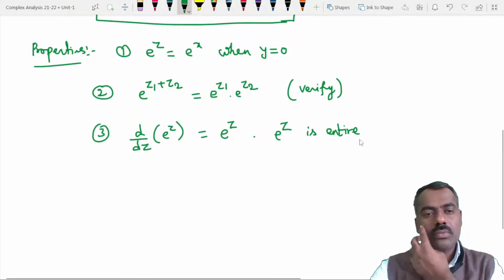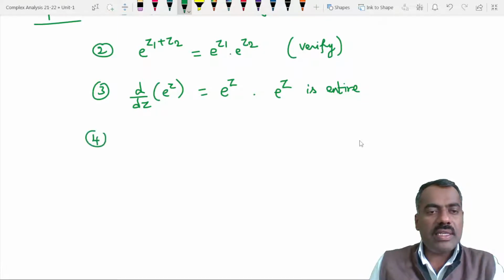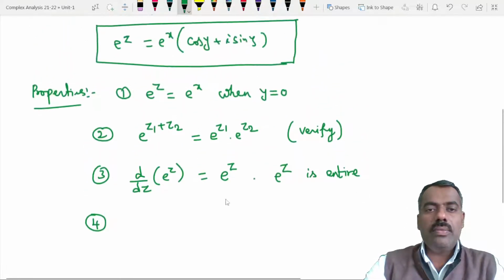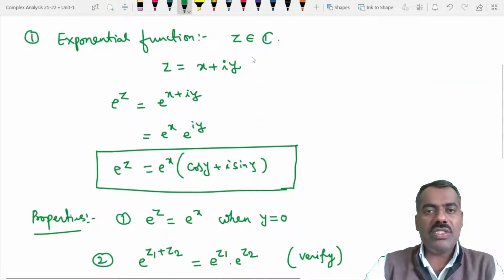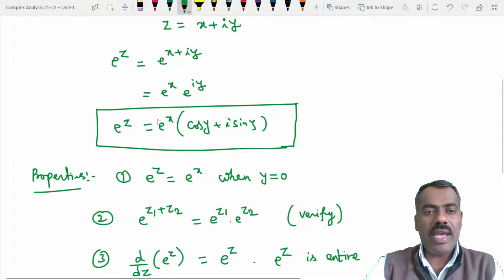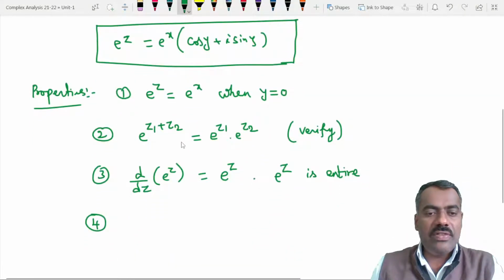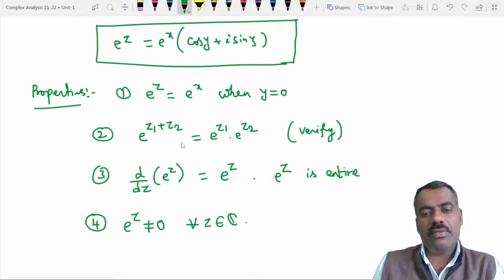Next, we can observe that whether z is 0 or non-zero, e power x is greater than 0. So e power z is always non-zero. e power z is not equal to 0 for any complex number z.